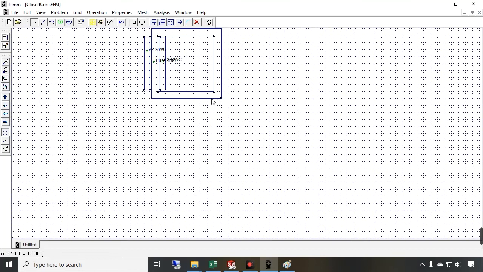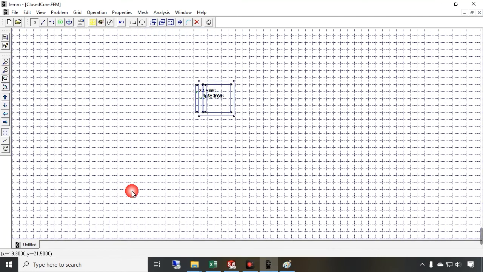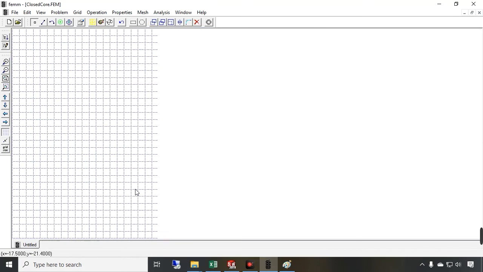And because this is a closed core and we don't have air gap, even we can consider a lower number. Let me start with minus 10. So let's delete this point.